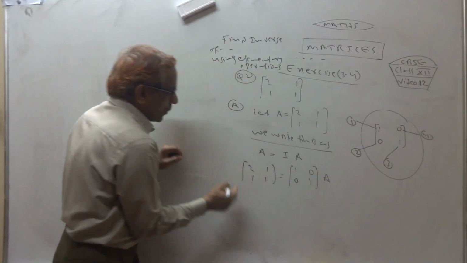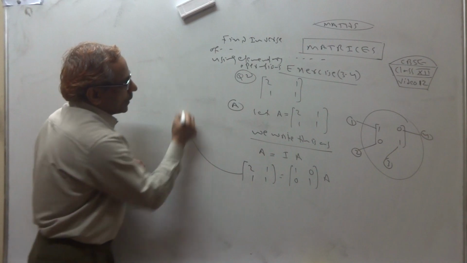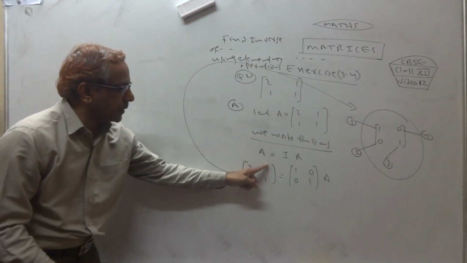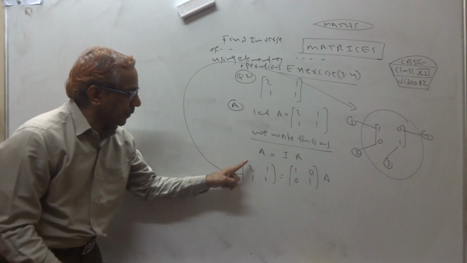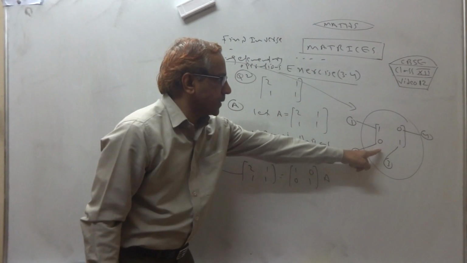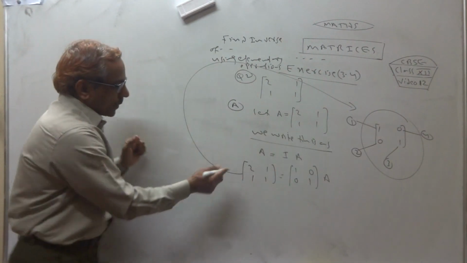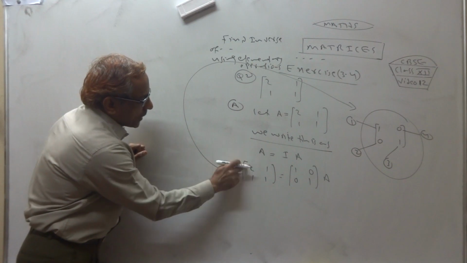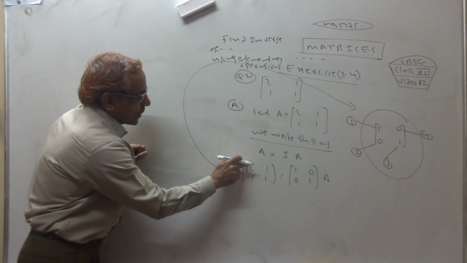What you have to do now? Here now you have to make 1 0 1 0 like this. First step, second step, third step, fourth step. So first you make this 1. How can I get 1 here? You know, I can interchange them. Then 1 comes here.